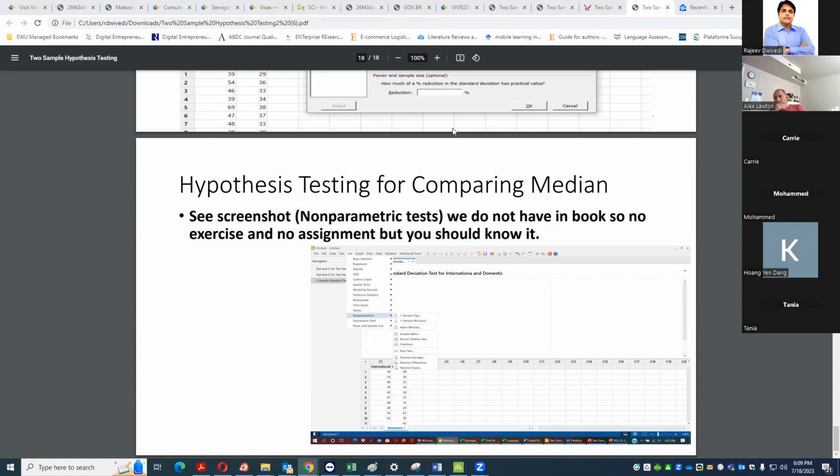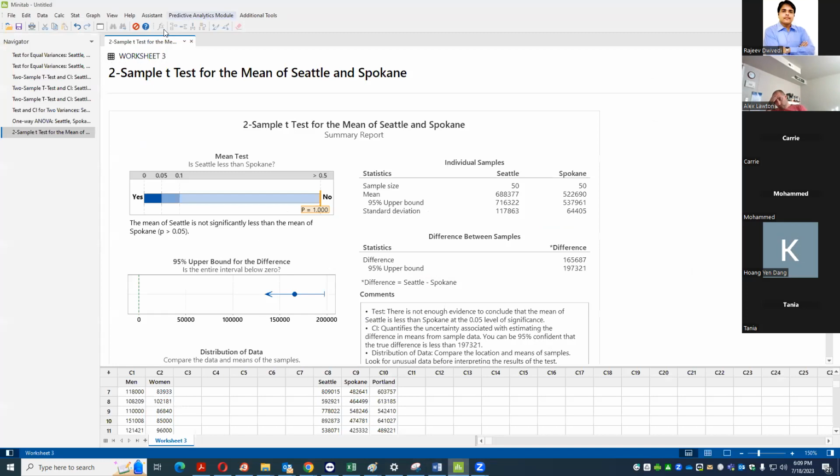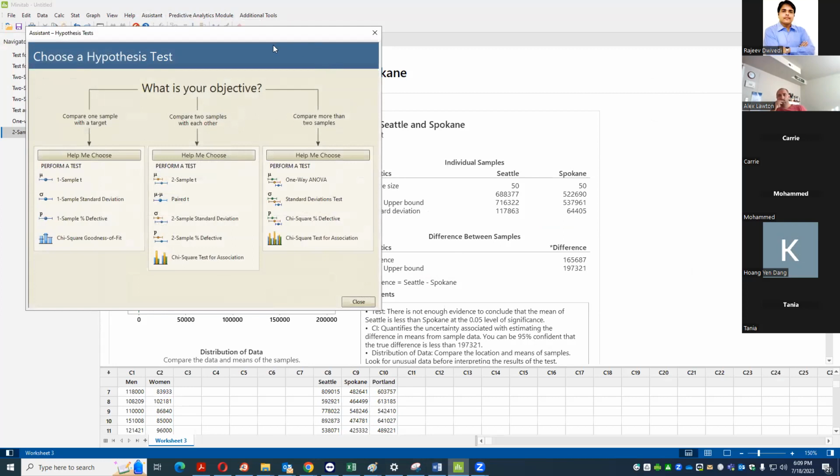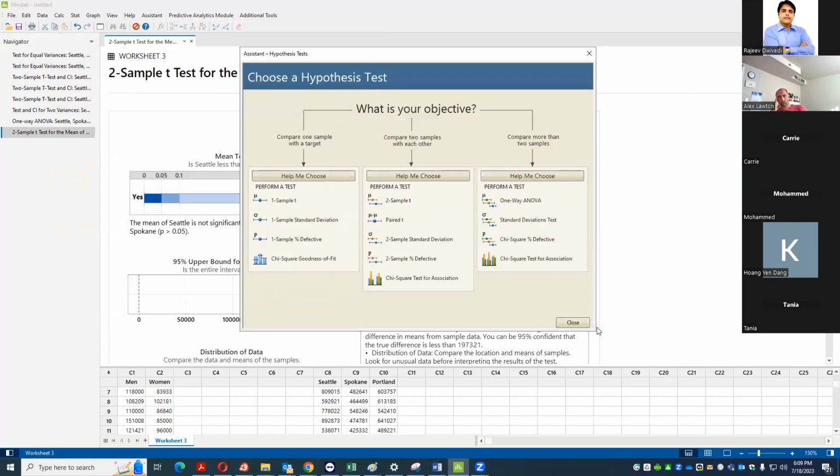Under Assistant, you can use hypothesis testing. We have regression analysis and hypothesis testing, so we are going to use hypothesis testing. Here is one sample, which we did in the last class.